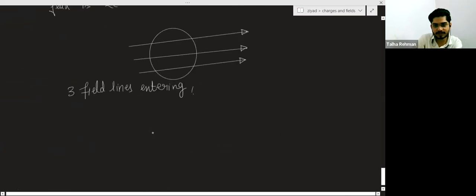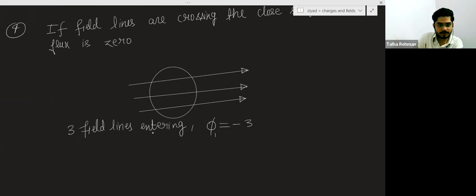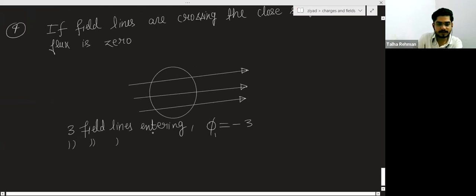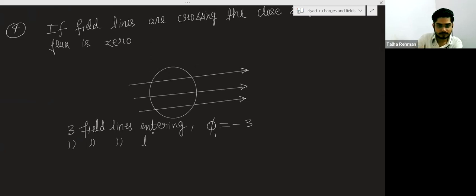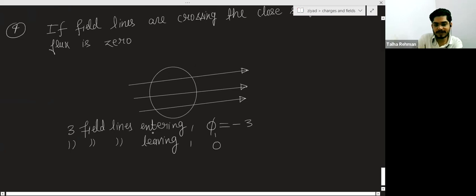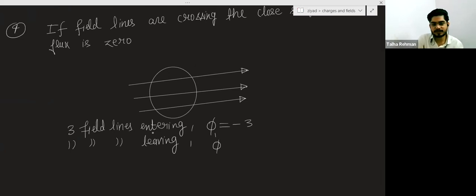And three field lines are leaving the surface. Flux is the number of field lines crossing the area. Phi2 will be plus 3, because leaving flux we take as positive.